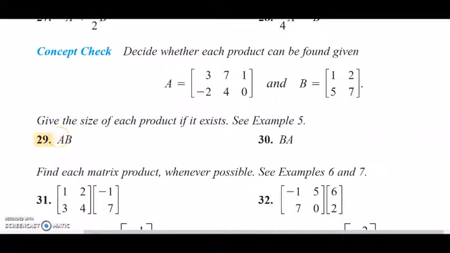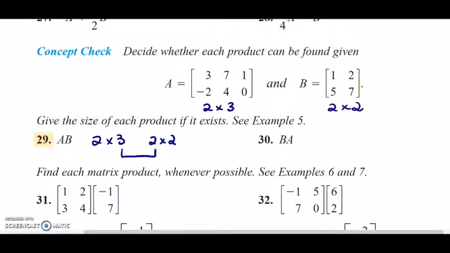So if we're asked, and we are being asked, to decide whether a product can be found, given that A is this matrix, which is a 2 by 3, and B is a 2 by 2, remember it's rows, then columns. So can we multiply a 2 by 3 with a 2 by 2?